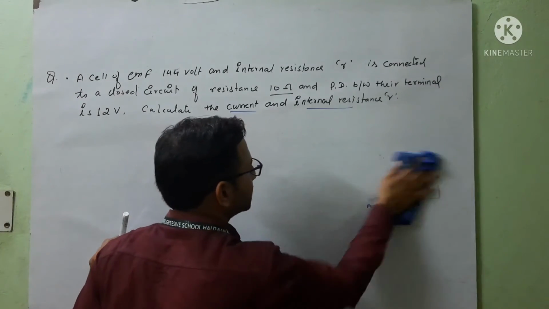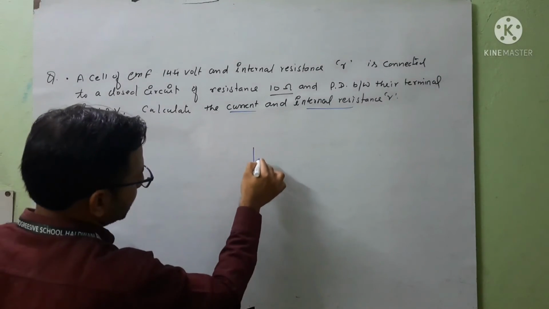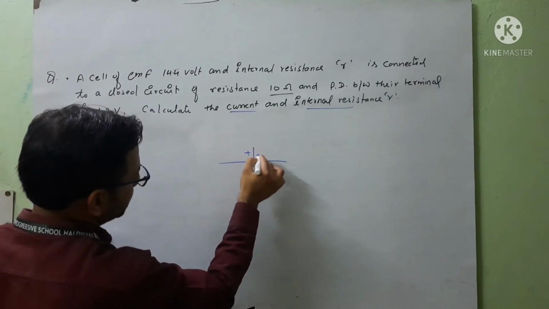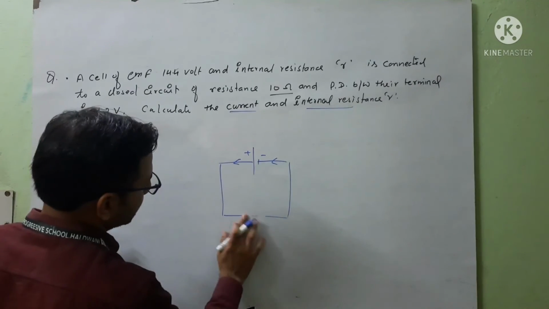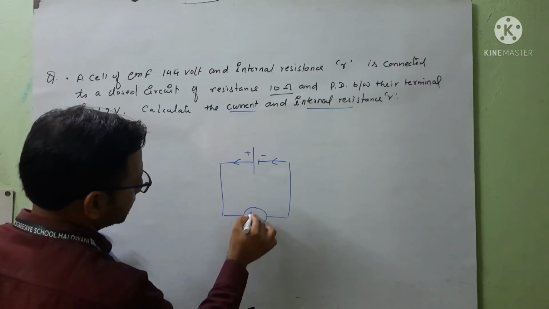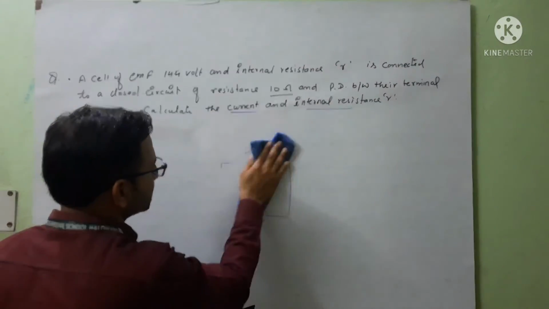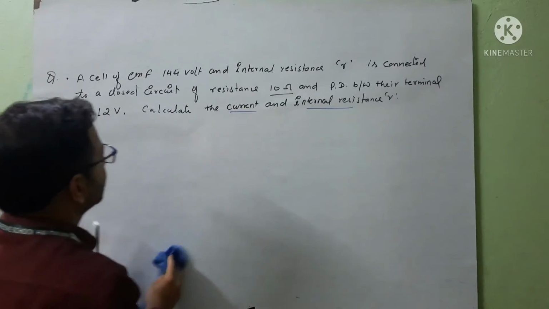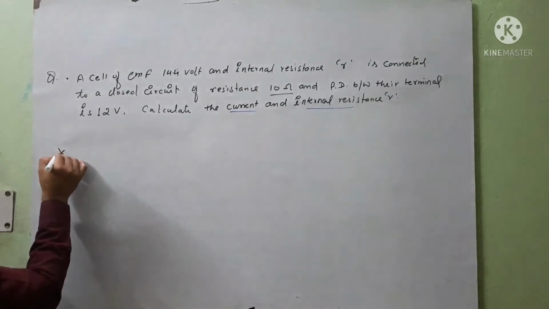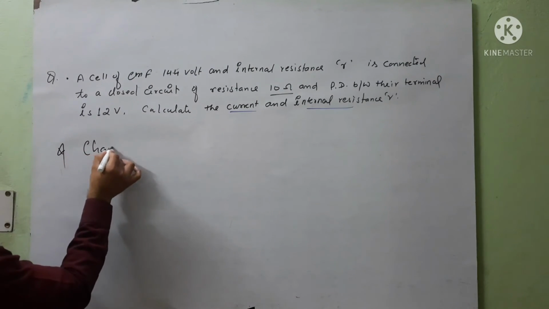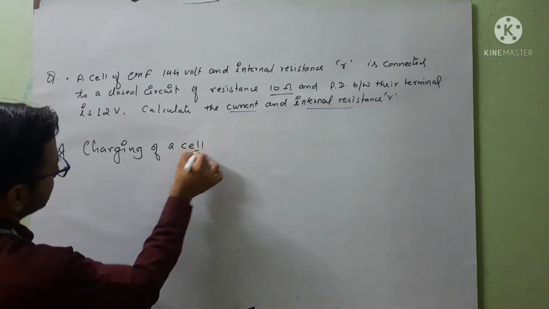We will now talk about the charging of a cell. Discharging we have already discussed, in which the current is drawn from the positive terminal to the negative terminal of a cell by consumption through the conductor. The next topic after the numerical is charging of a cell.